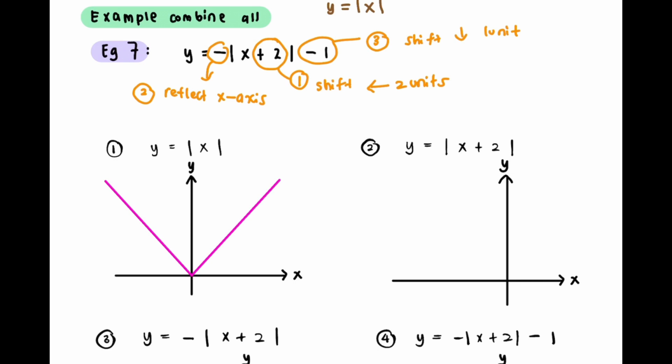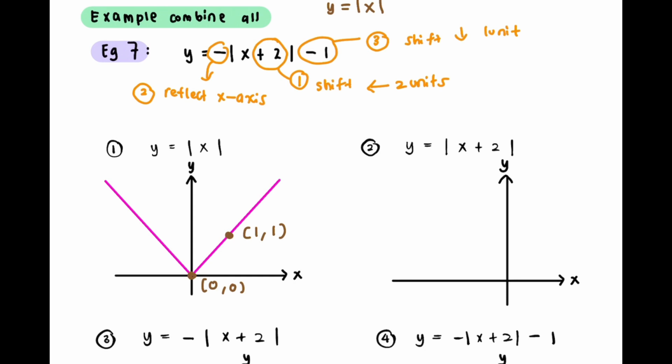And then usually question will ask you to show at least 2 points on the graph. So let's say we choose here origin 0, 0 and then another 1 point here. Let's say when your x is 1, what is your y? 1 also, yes, correct. Okay, so let's say that is your 2 points. So make sure for all the steps you show the movement of these 2 points.